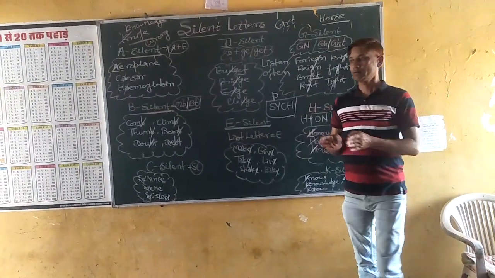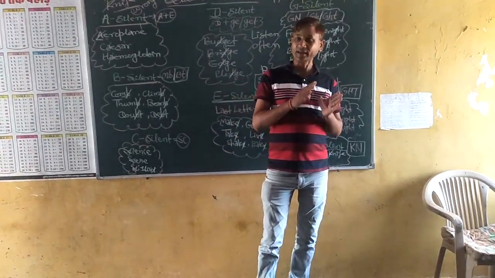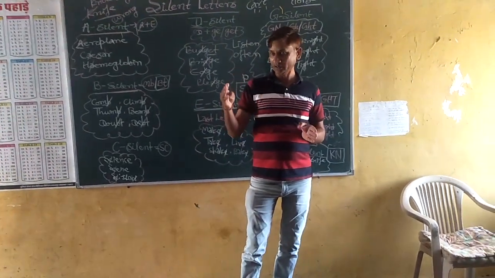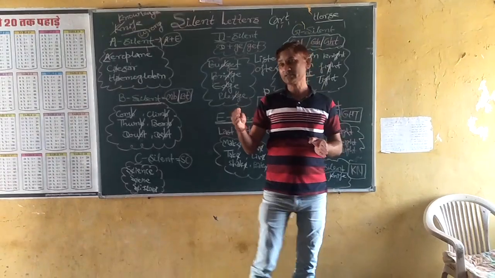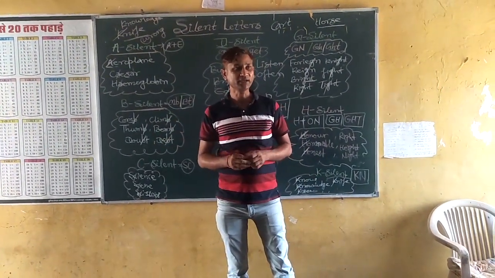The second condition for R silent: when there is a vowel before letter R and there is a consonant just after letter R, R will be silent.